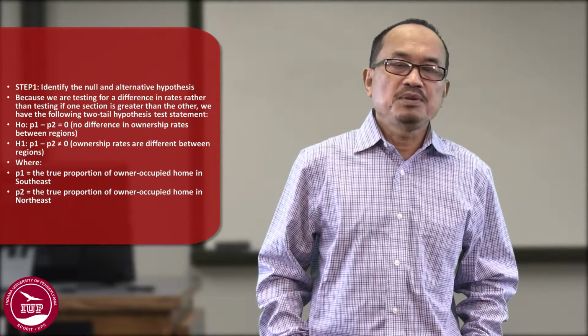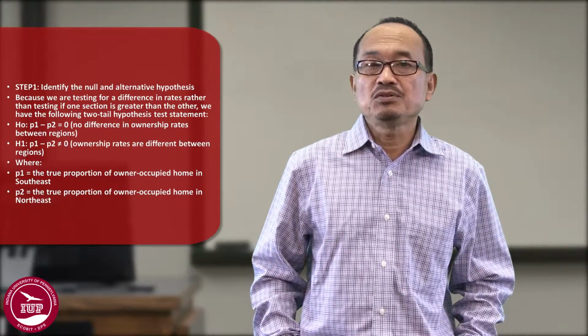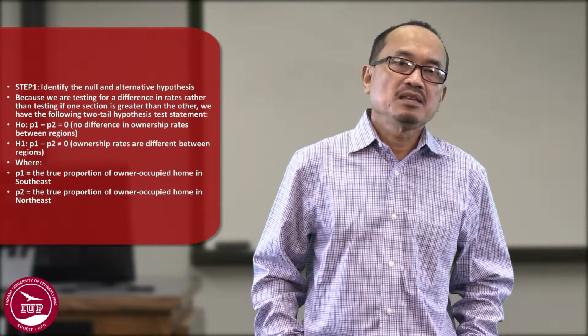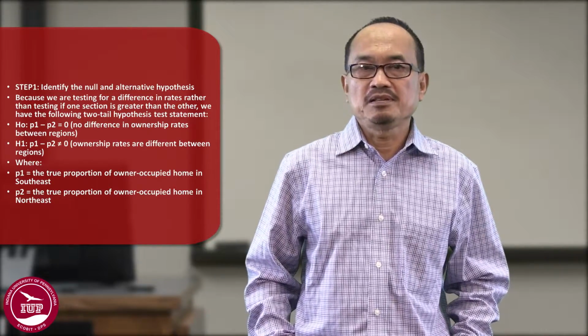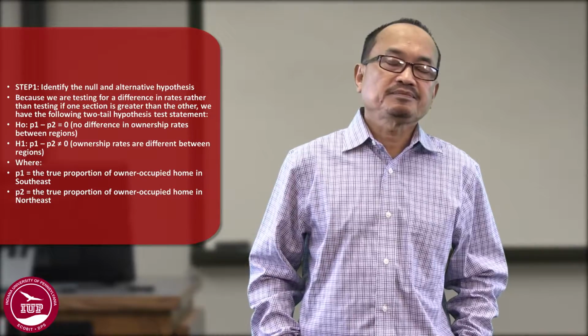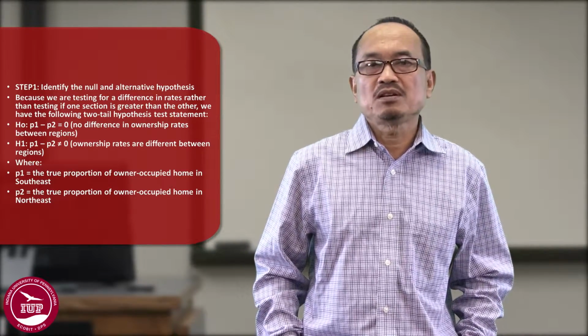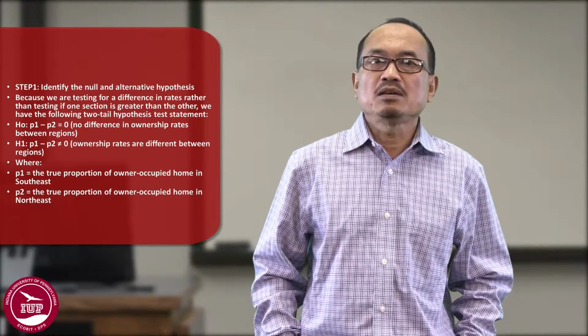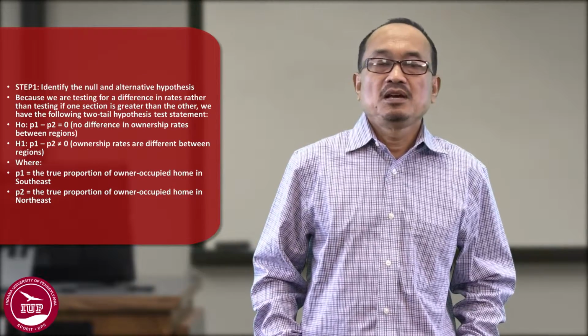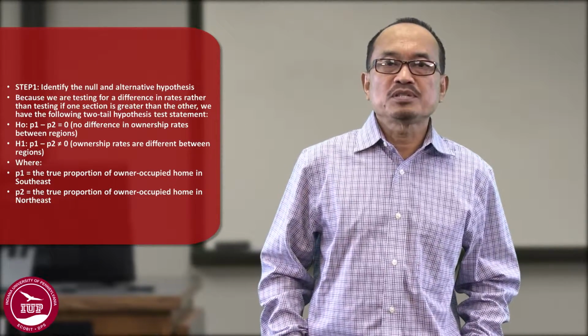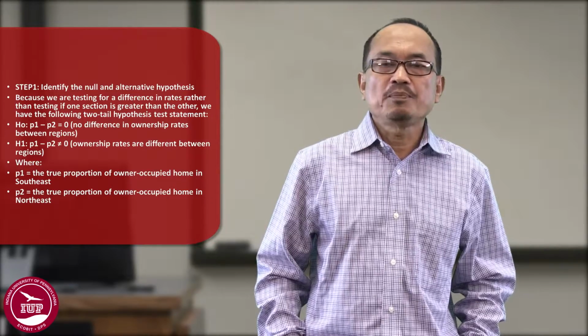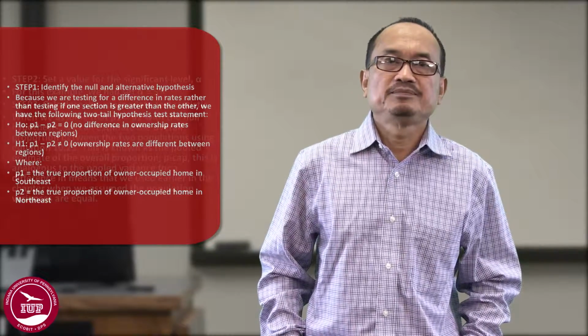Alternative hypothesis, P1 minus P2 not equal to 0, ownership rates are different between regions, where P1 is the true proportion of owner-occupied homes in the Southeast. P2 is the true proportion of owner-occupied homes in the Northeast.